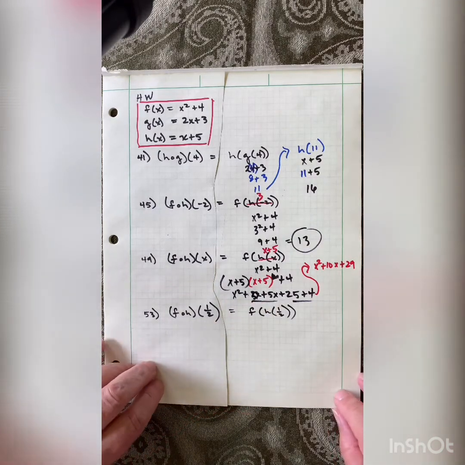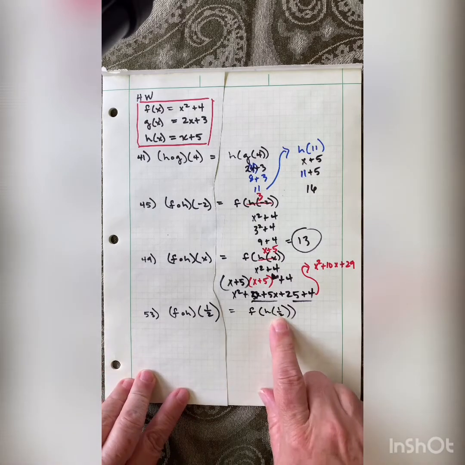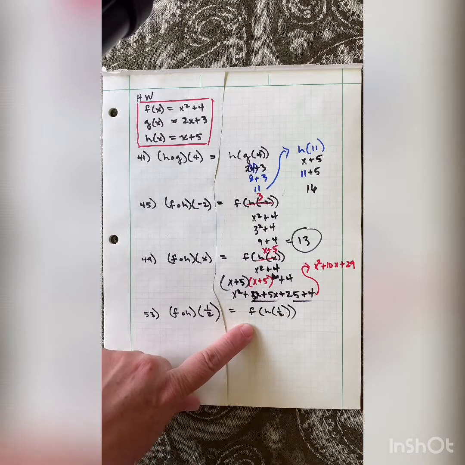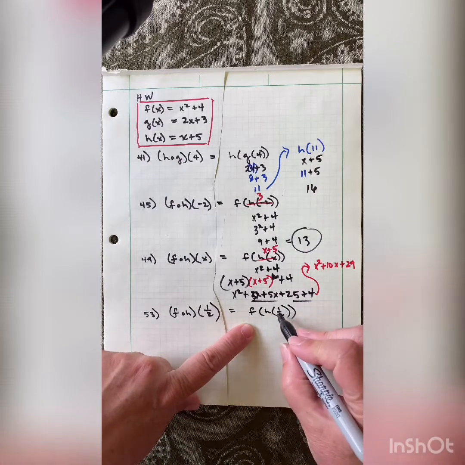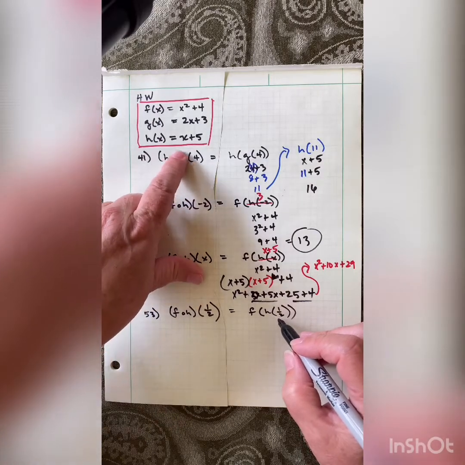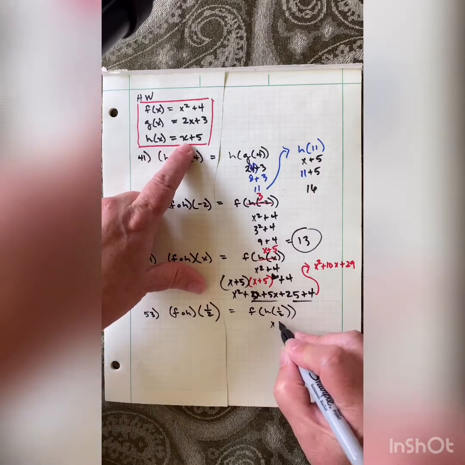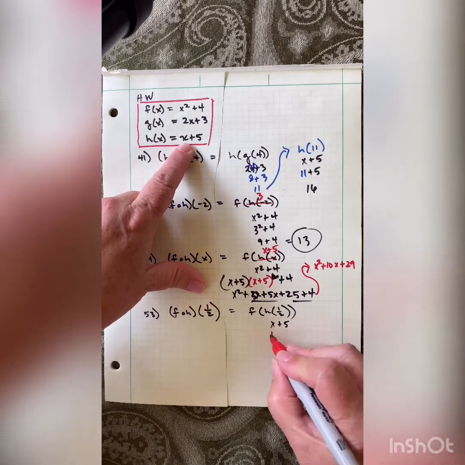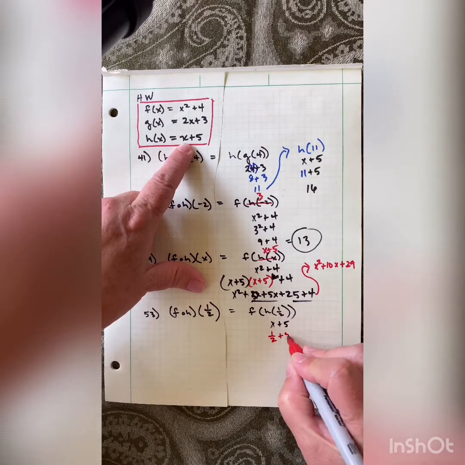Okay, this last one here is not very fun because it has a fraction. So you rewrite it. First thing you want to do is find h of 1/2. So here's my h, x plus 5. I'm going to substitute in 1/2 for my x.